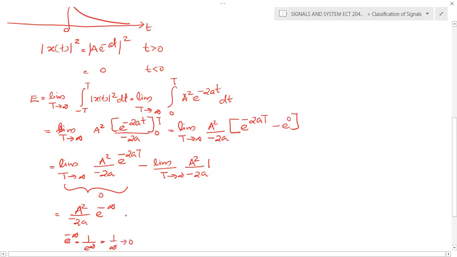So you get this part equal to 0. There is already a minus, and here is another minus, so minus into minus becomes plus, and there is no T term, so you can simply write a square by 2a. So the final answer is a square by 2a. The energy is equal to a square by 2a, which is a finite quantity.